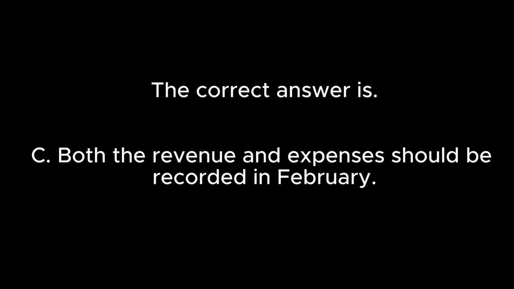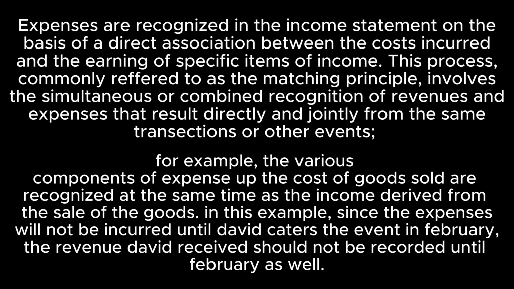Both the revenue and expenses should be recorded in February. Expenses are recognized in the income statement on the basis of a direct association between the costs incurred and the earning of specific items of income. This process, commonly referred to as the matching principle, involves a simultaneous or combined recognition of revenues and expenses that result directly and jointly from the same transactions or other events.